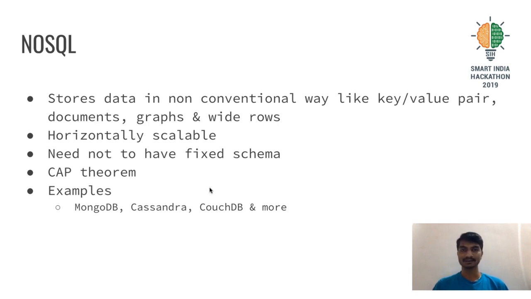I can also configure my database to have wide rows, where columns increase whenever new data is added, rather than in RDBMS databases, where whenever new data is added, a row gets added. In wide-row NoSQL databases, a new column will be added. So there are so many use cases for them.